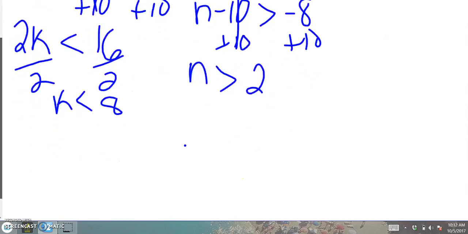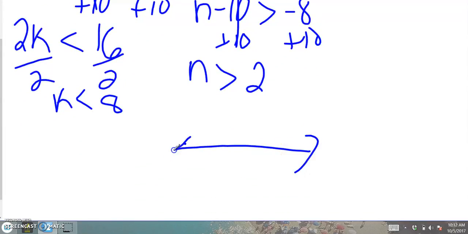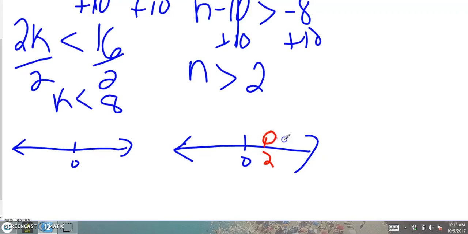And then I will graph these. 0, 0. Okay, so I have 2 here, and n is greater than, but not equal to, and then I have 8, and k is less than.